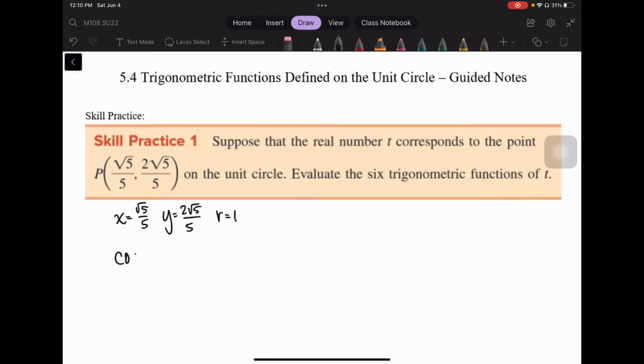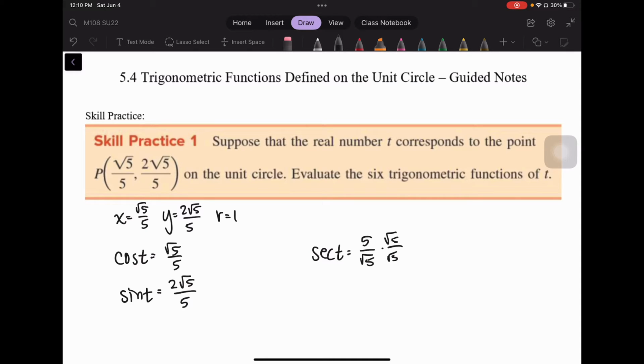The cosine of t is just the x value. The sine of t is just the y value. The reciprocals, cosecant and secant: secant is 5 over root 5. It's 1 over x.